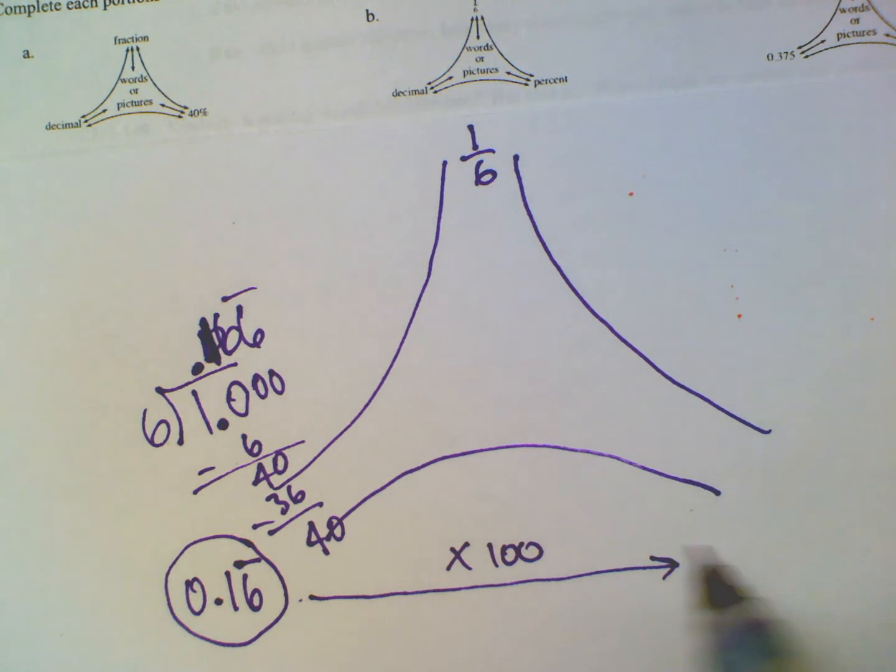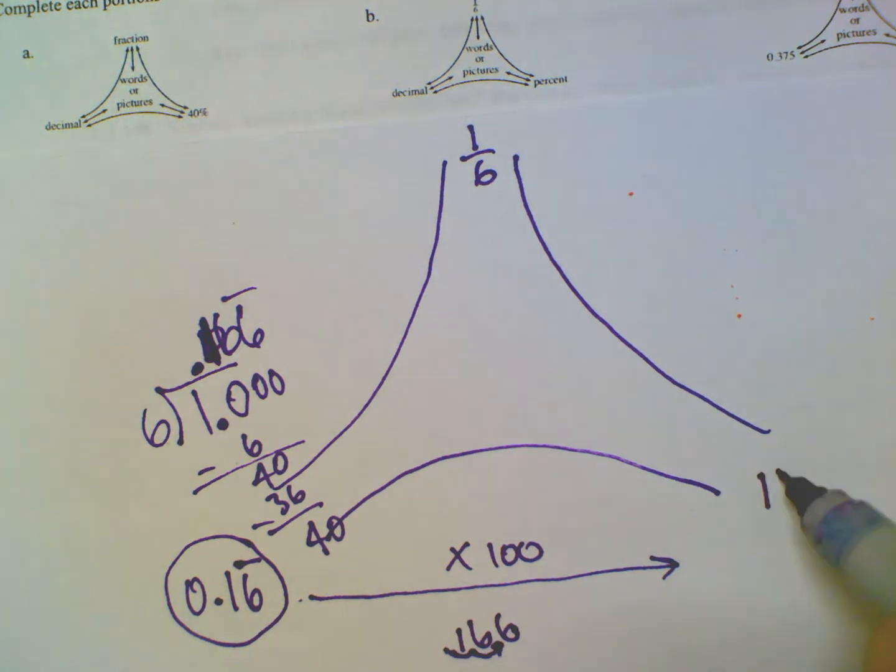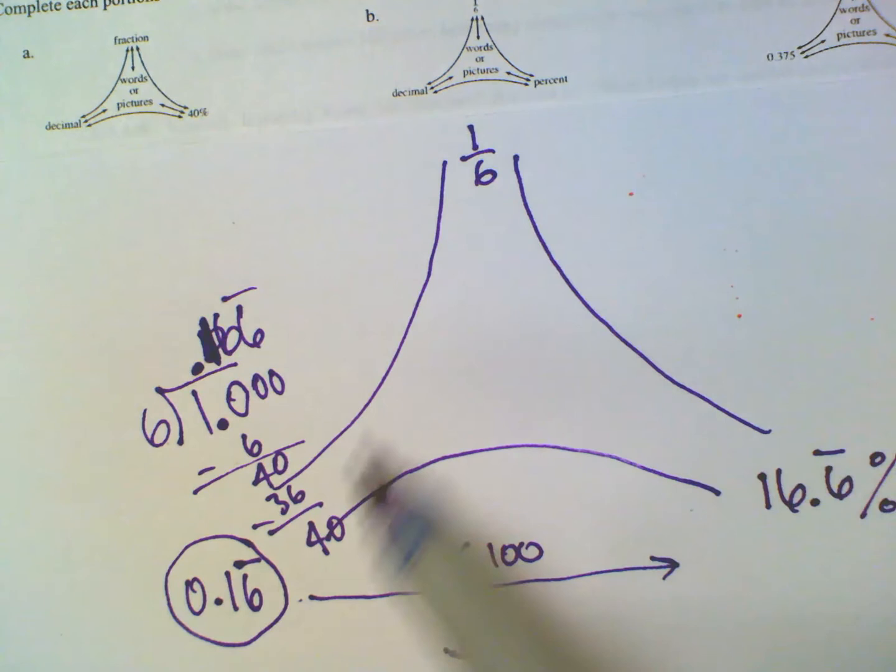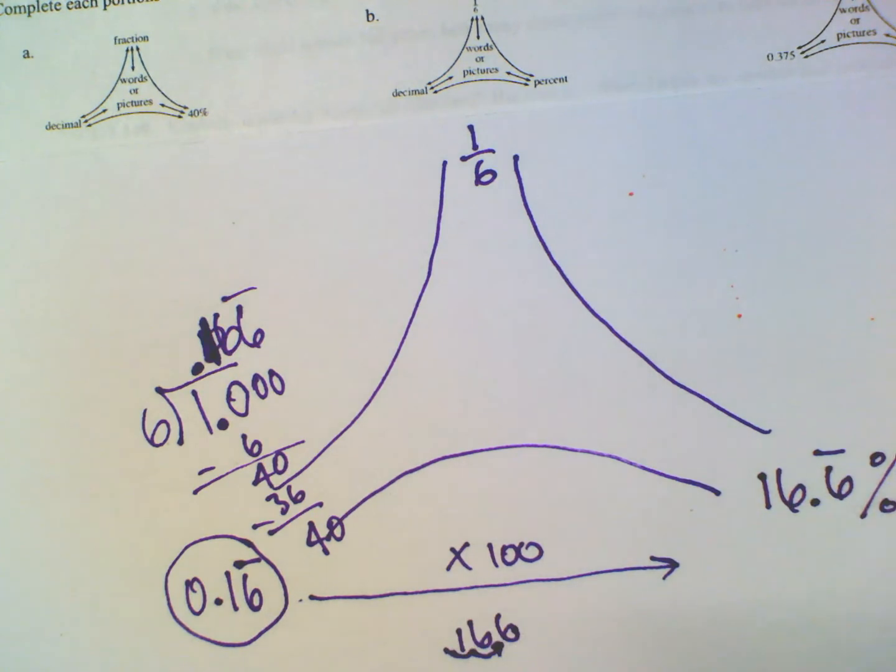And when you multiply by 100, I take that decimal place and I move it twice the other direction. So really this, as a percent, is 16.6, and again, repeating 6%. So there's my fraction, decimal, percent.